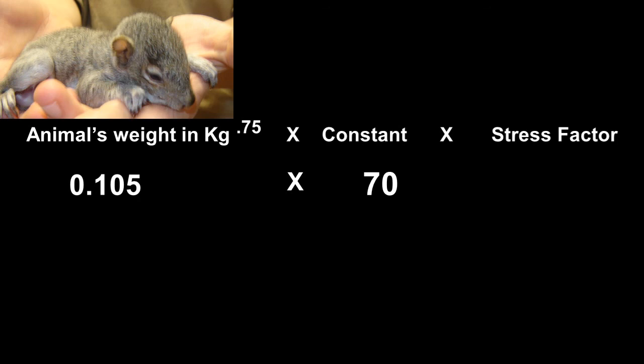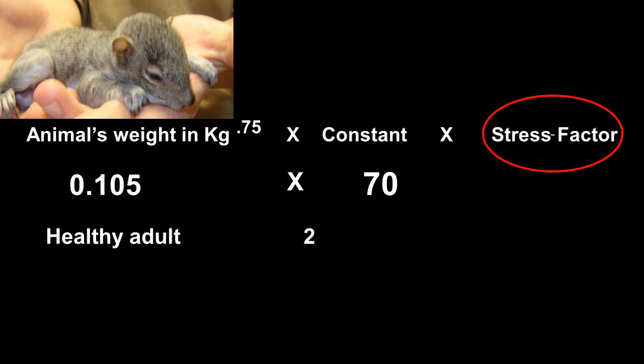An injured animal will need more calories than a healthy animal, so it has the energy to heal. This is where the stress factor comes in. A healthy animal needs twice its metabolic rate to have the energy it needs, so its stress factor is 2. An adult recovering from injury or illness needs even more energy. That stress factor is 3.